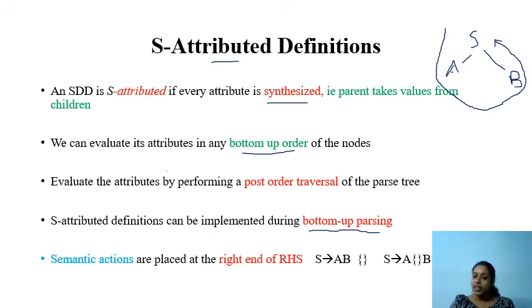So we can put the semantic rule at the rightmost end of the RHS. That means S gives AB, with the semantic action in curly braces. This one is valid, but here the semantic action is included in between A and B. This is wrong.